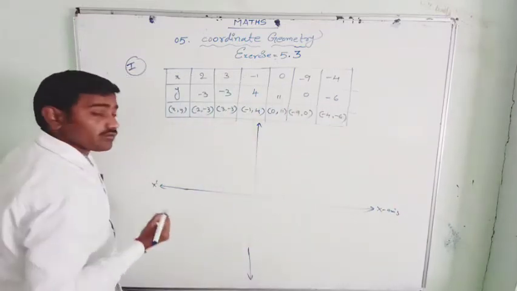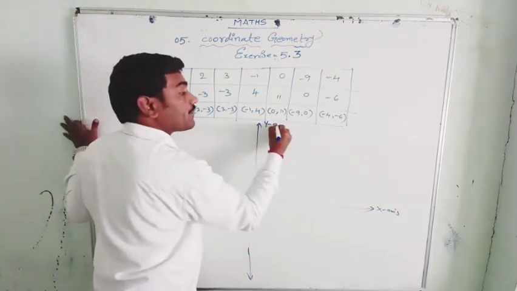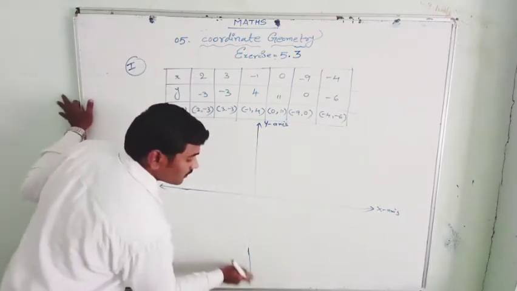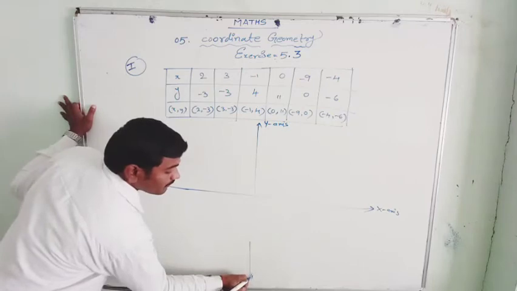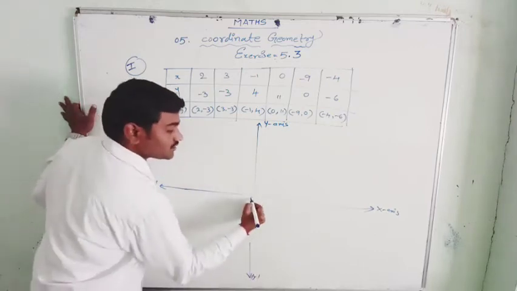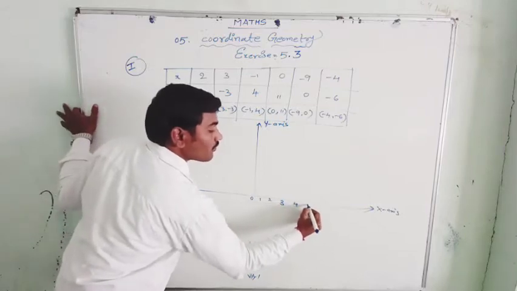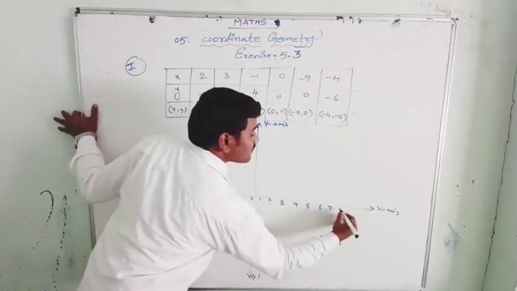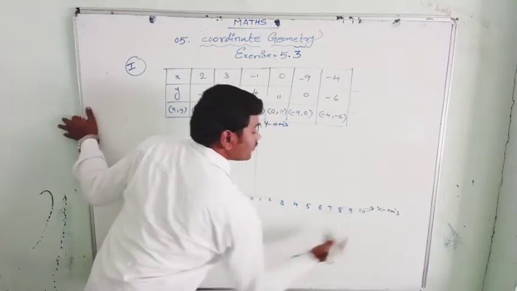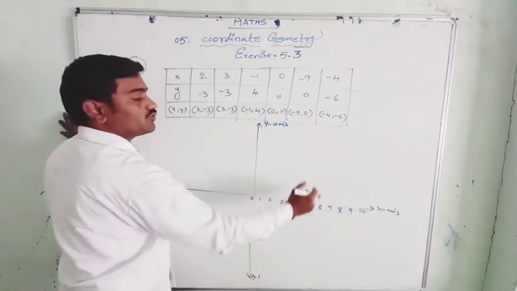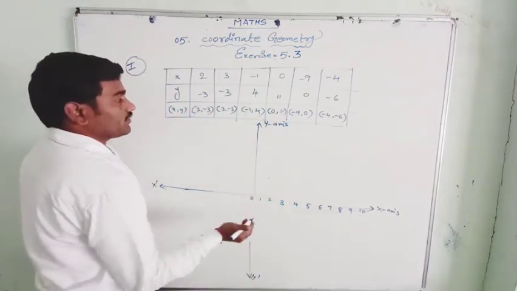Please note it down, we have to do this on graph paper, not in this book. As this is 0, 1, 2, 3, 4, 5, 6, 7, 8, 9, 10. You don't have any problem. You already have some units and subunits. Directly you can do it.